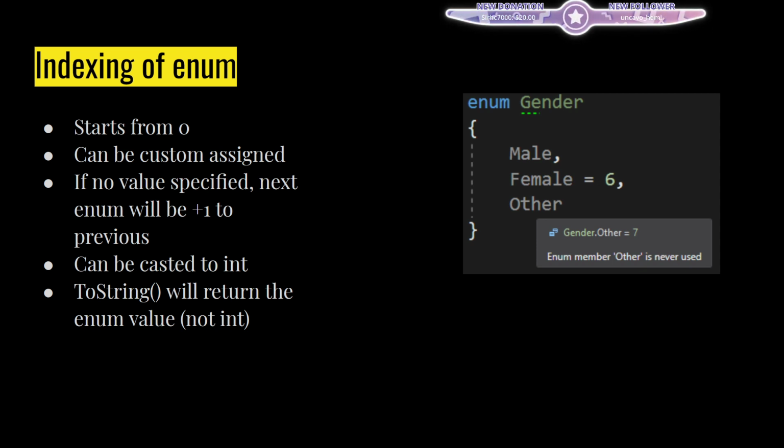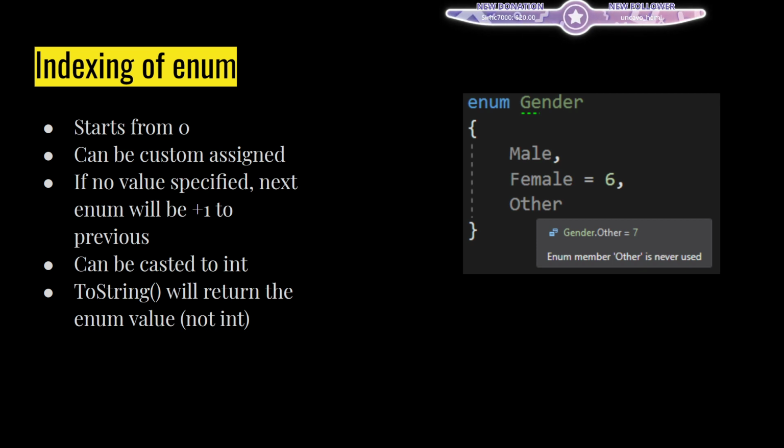So indexing of Enum can be overridden. If I say female equals 6, then that means that female cast to int will be 6. And everything that goes after it will be incremented, so other will be 7. If I convert Enum to string, it will be the value of that Enum, not an integer, but what is written.